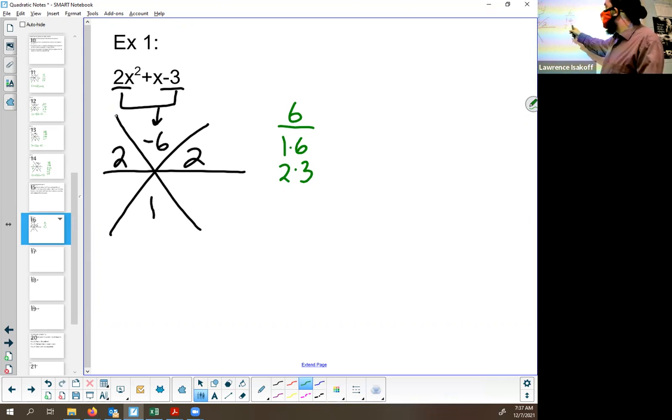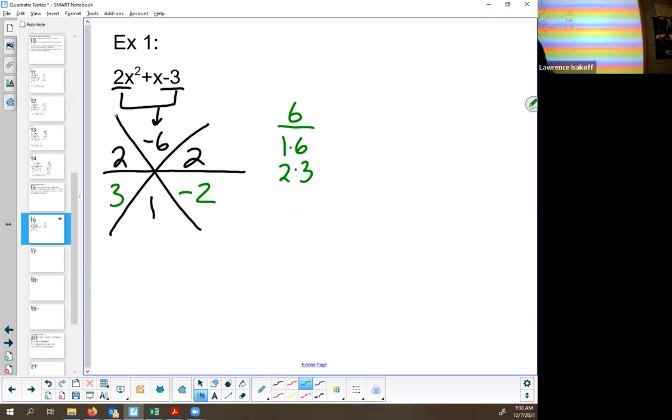Can you do 3 minus 2? 3 minus 2 gets me 1. So this is the exact same logic here. I just need to make sure this number was right. So Jonathan's absolutely right. If I do 3 minus 2, that multiplies to give me -6 and adds to give me -1. So 3 and -2.